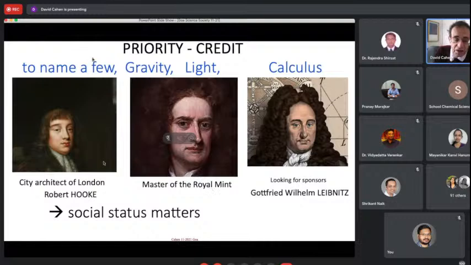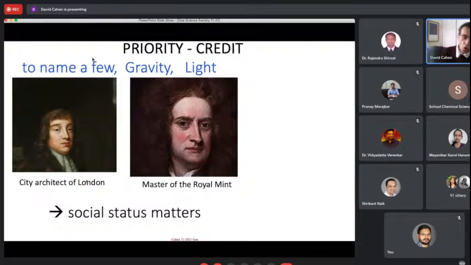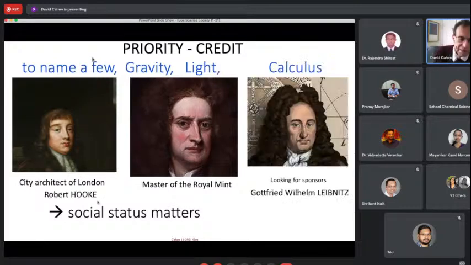That is even clearer when you look at his relations with Robert Hooke, who rose from rather low social status to fame. Hooke was president of the Royal Society.